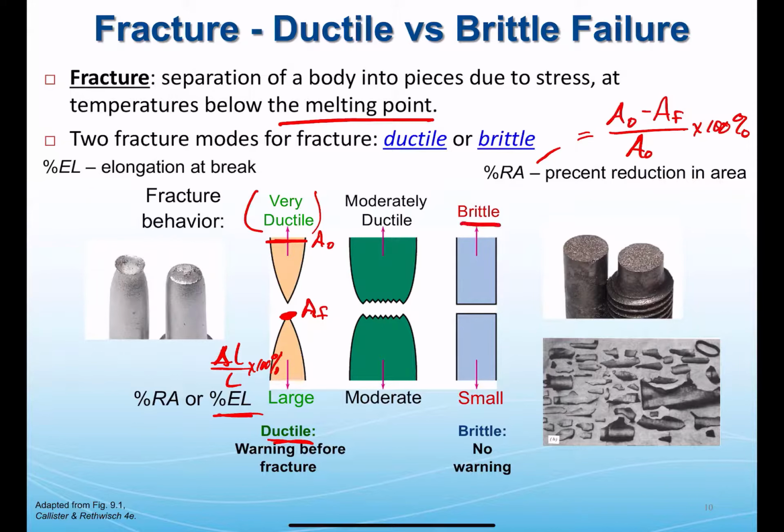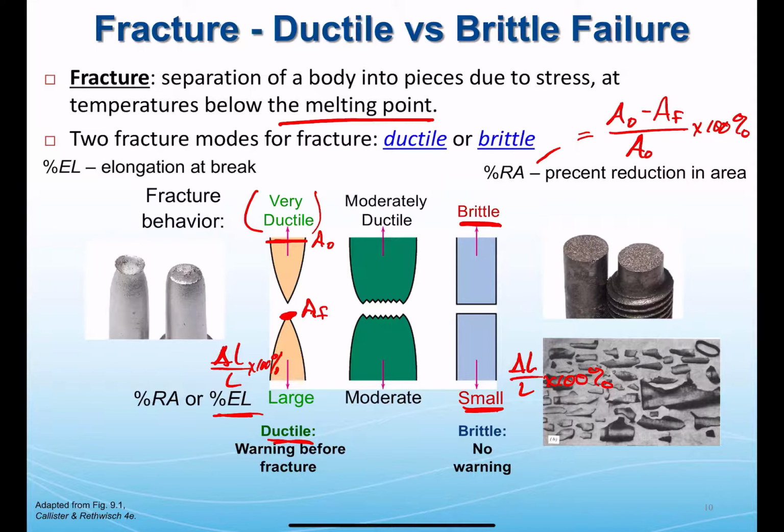Contrasting that to a brittle type failure, the percent elongation, so the delta L over L times 100%, is going to be very small. So there's going to be almost no length change as a percentage at the failure condition. So the strain at break will be a very small value.